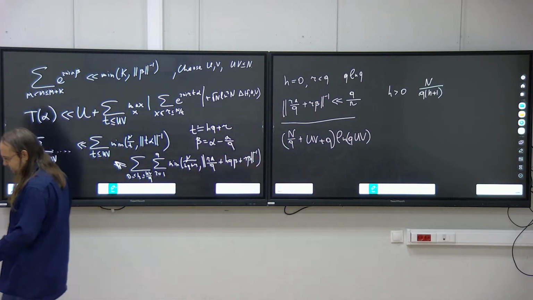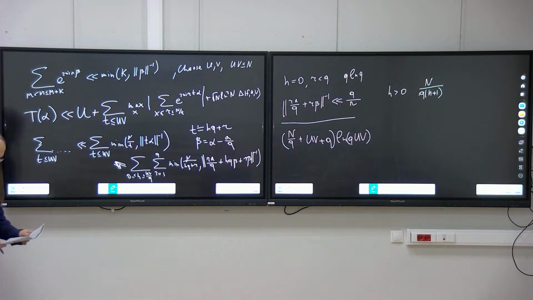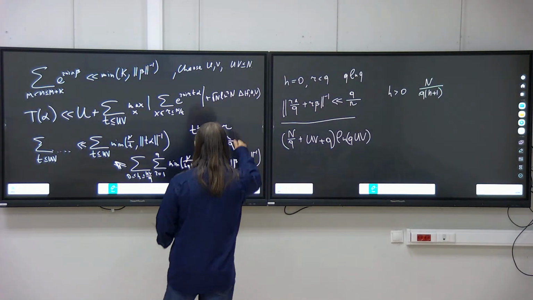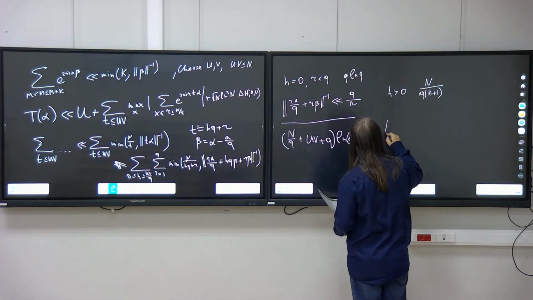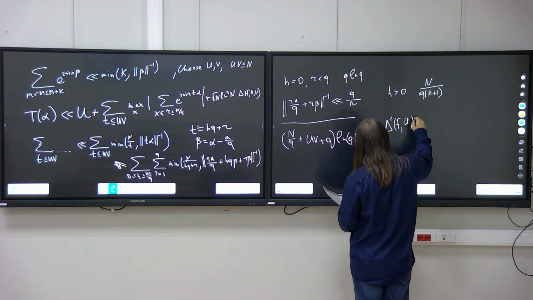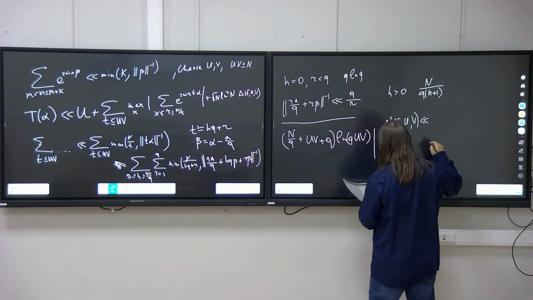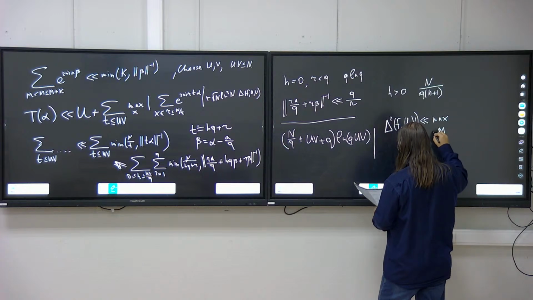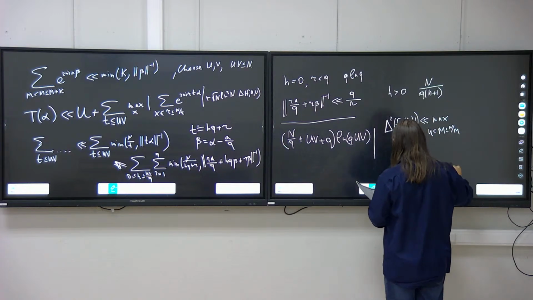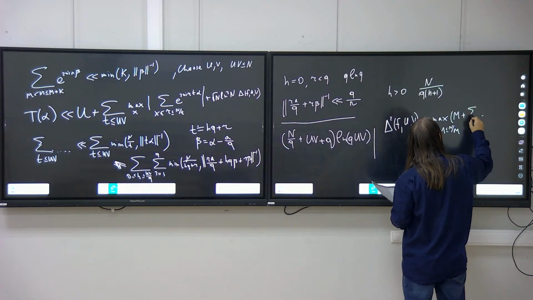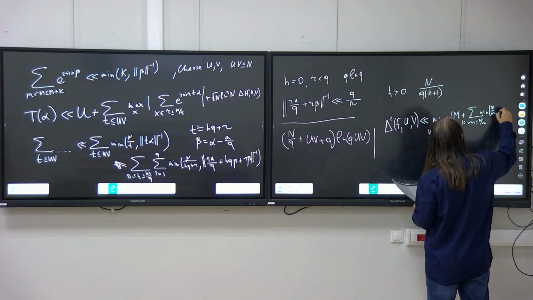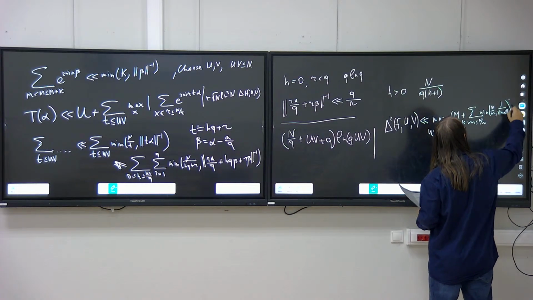This is purely technical. And when you estimate the sum of the delta part, you get that delta squared of f, u, v is at most the maximum over all m between u and n over m, m plus the sum over all m between 1 and n over m, of the minimum of n over m and 1 over the distance from m alpha to the nearest integer.